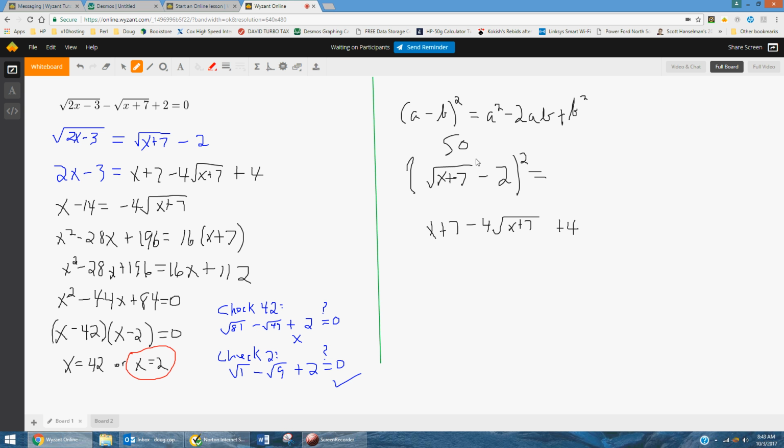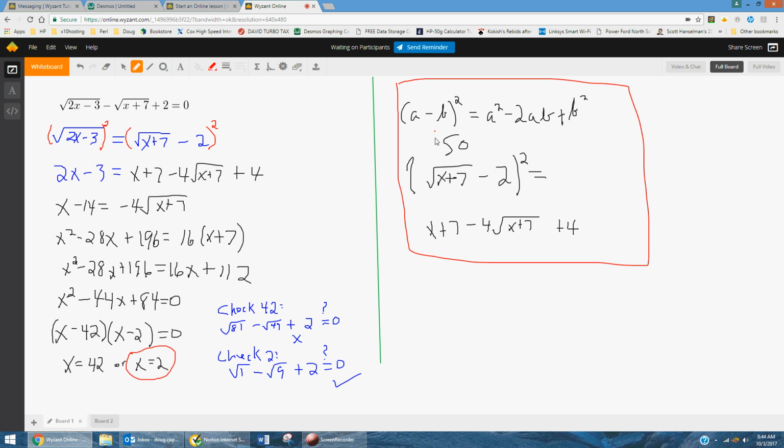I did that over here on scrap paper, but let me show you what I did. When I square this side, I go like this, mentally or on scrap paper, and I square this side. And when I square this binomial, I have to use the pattern for squaring a binomial.